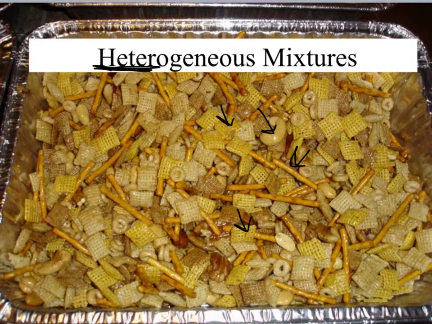That's a heterogeneous mixture. A solution, like Kool-Aid, or even our tap water is really a solution because we've got dissolved minerals and ions and even fluoride added to it, and so all of those things are solutions. We can't tell the components that make it up.